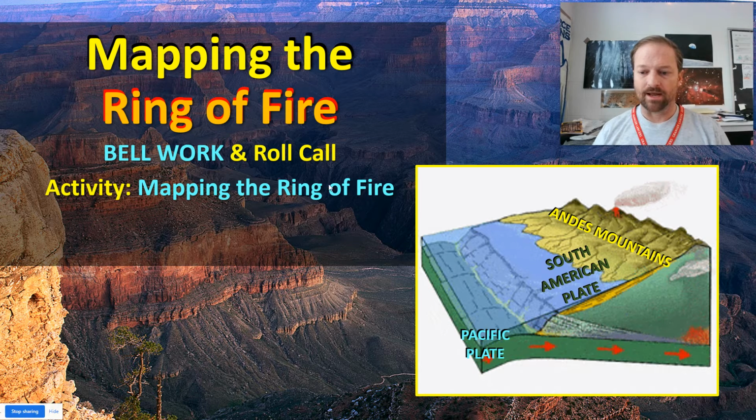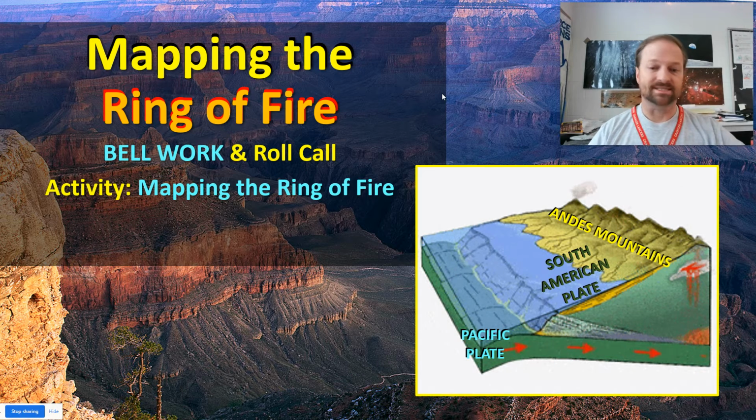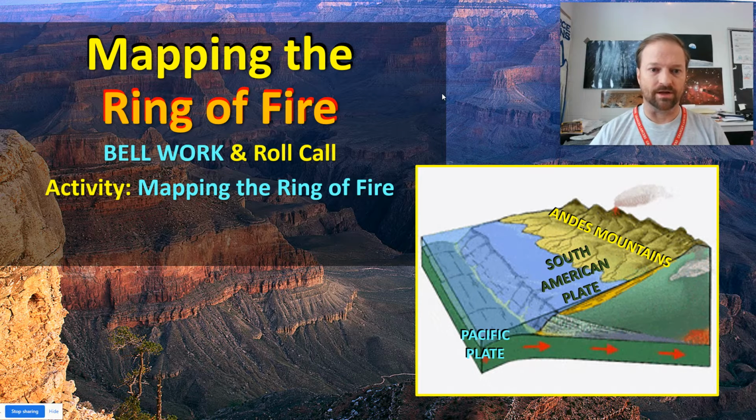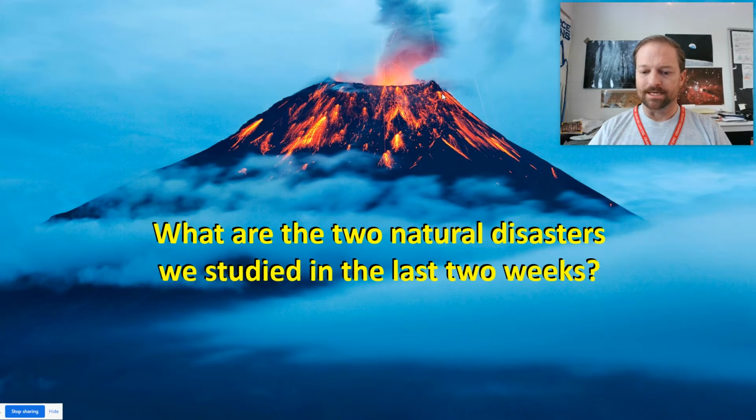So let's dive right in and talk about the basic natural disasters that define where the Ring of Fire occurs on the Earth. Let's check it out together, shall we? All right. So we have to consider the two natural disasters that we have done the most work with in recent weeks: volcanoes and earthquakes, right?